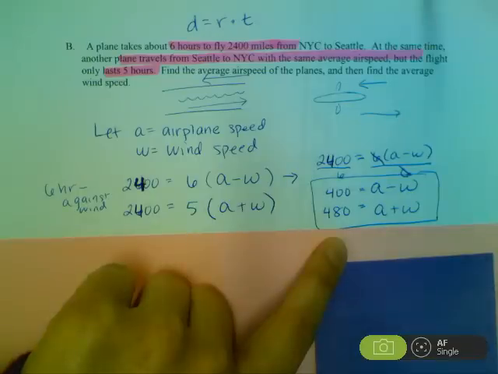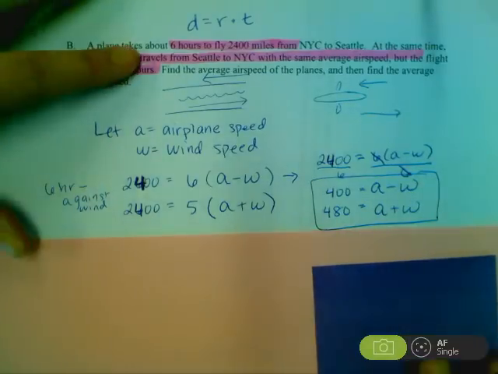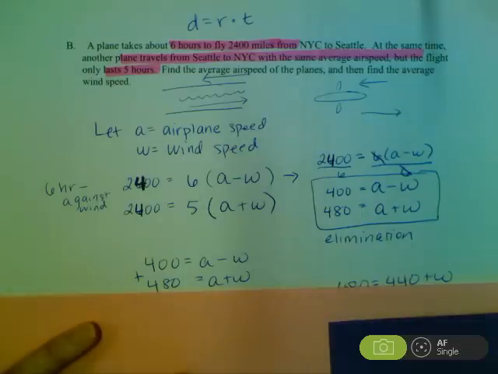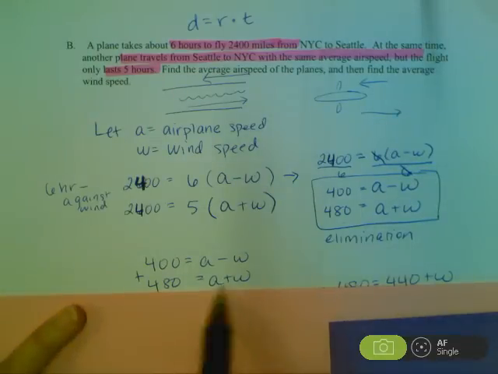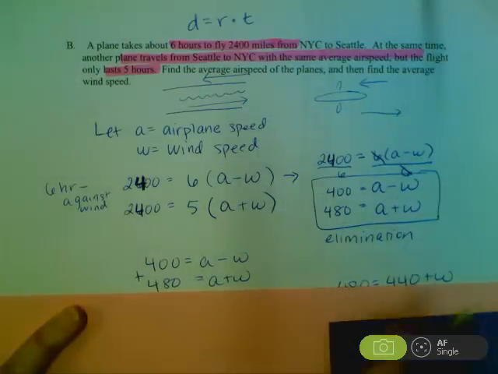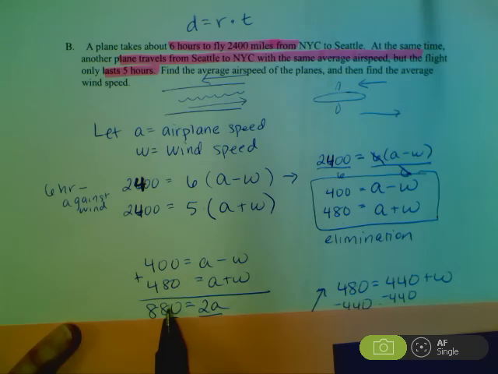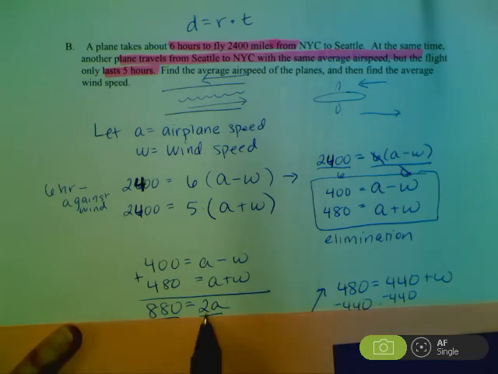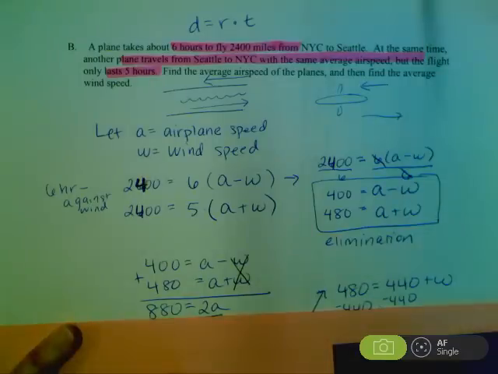Now you can look at these equations and realize that it is a simple elimination question. So we're going to use elimination to solve this. If you come down here to rewrite your equations, you're going to add the two equations together. So 400 plus 480 is 880. A plus A is 2A. The W's cancel.